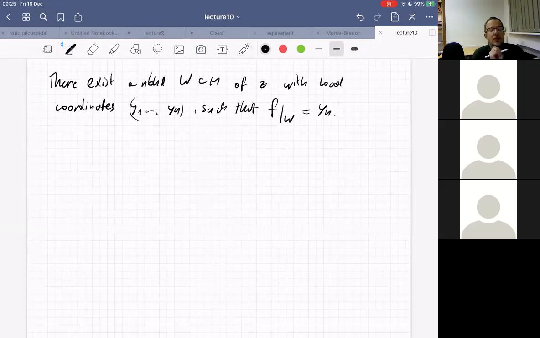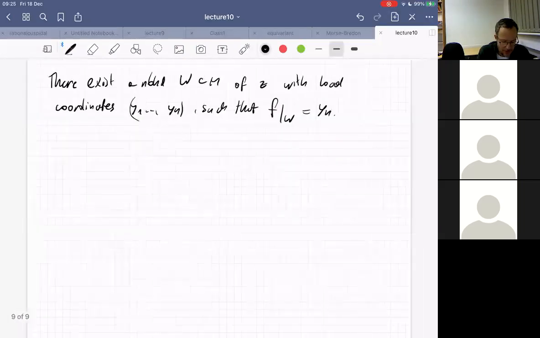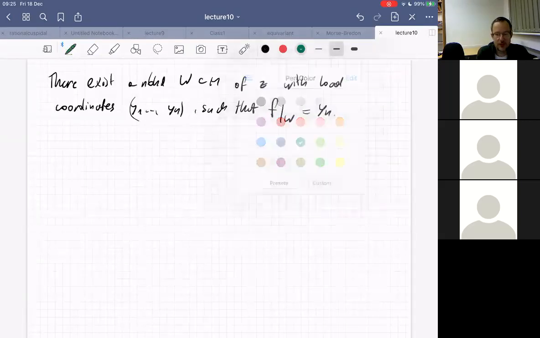Is it clear? This is essentially the same operation as in here. So what do you do? Does anybody want to hear the proof of that fact?